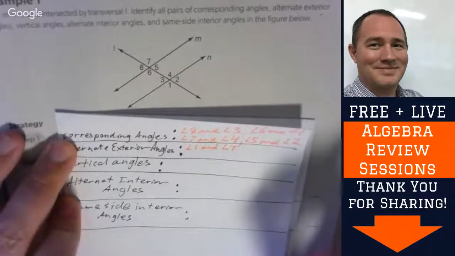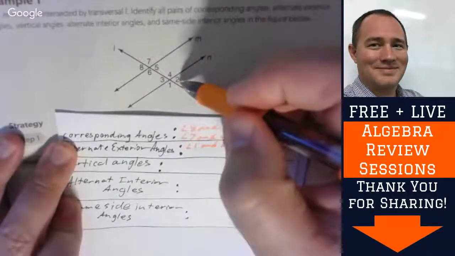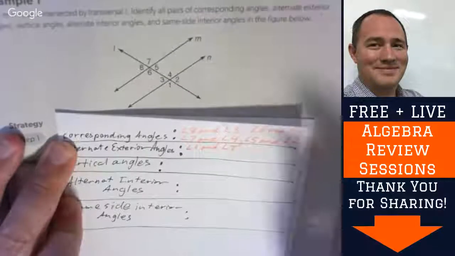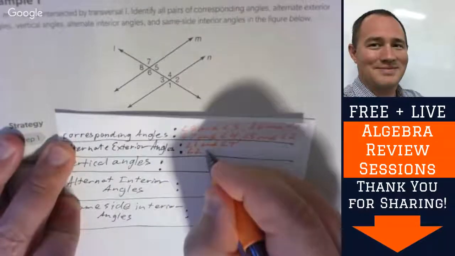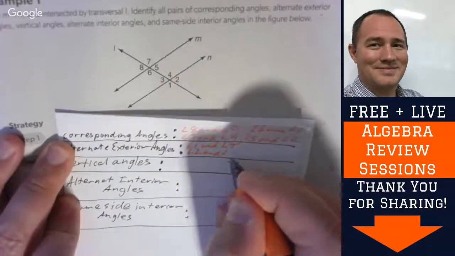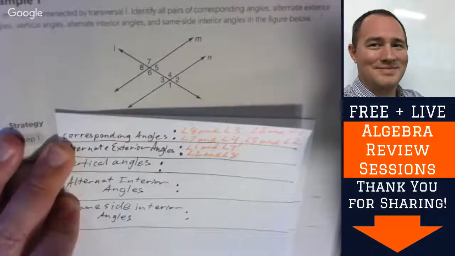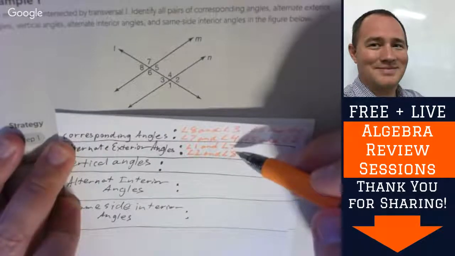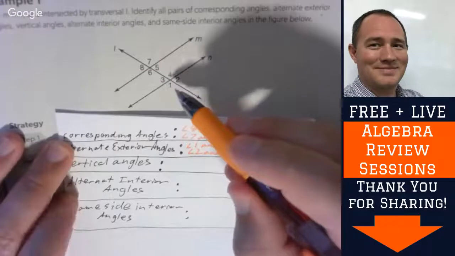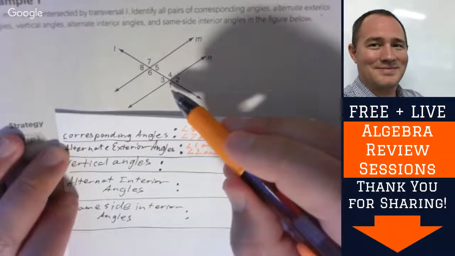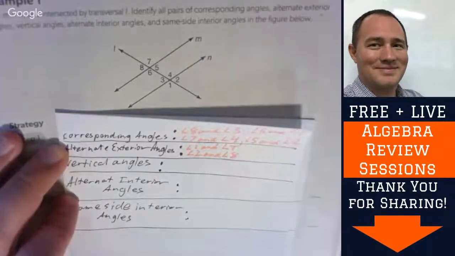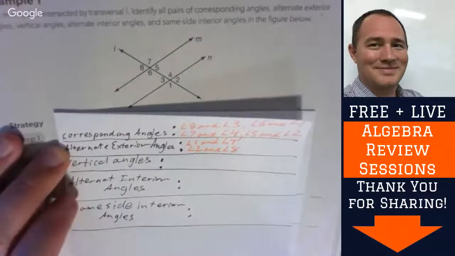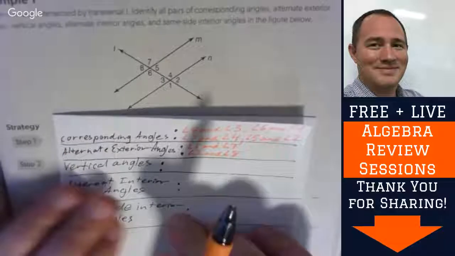We also have angle 2 with angle 8. There are only those two sets because we're only talking about alternate exterior angles. We're going to have 2 more when we talk about the alternate interior angles, but let's finish the vertical angles first.